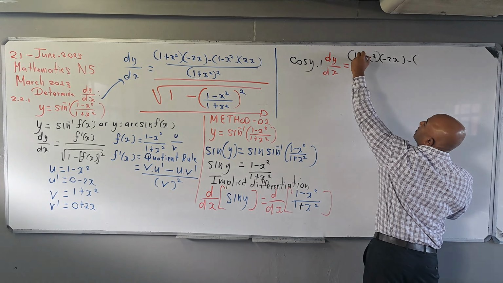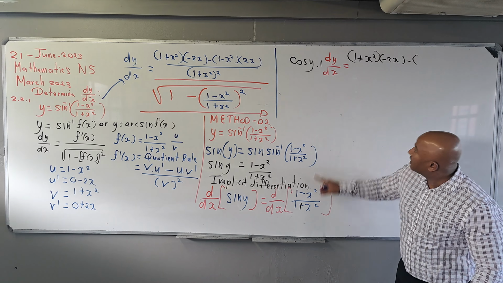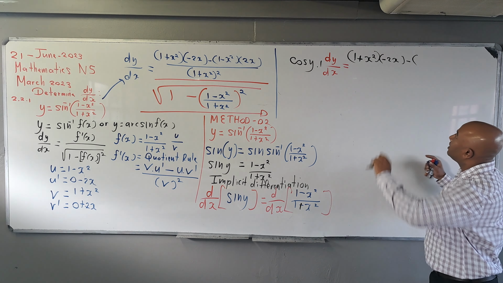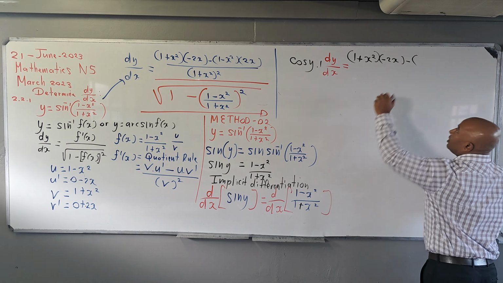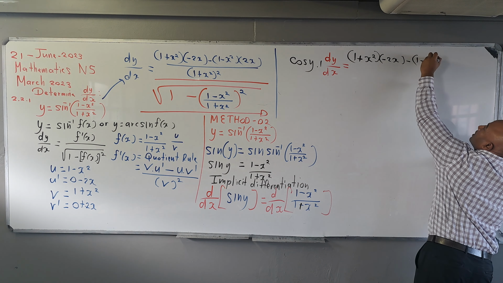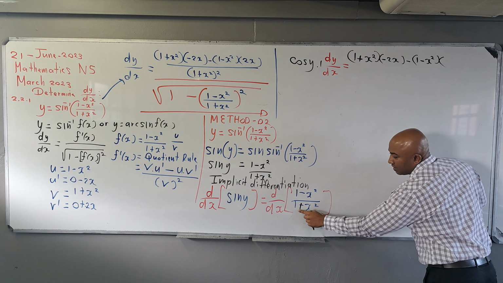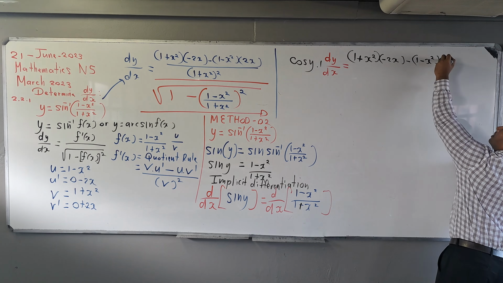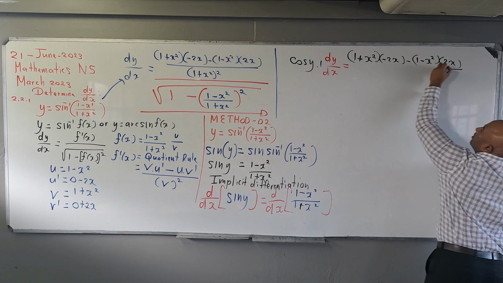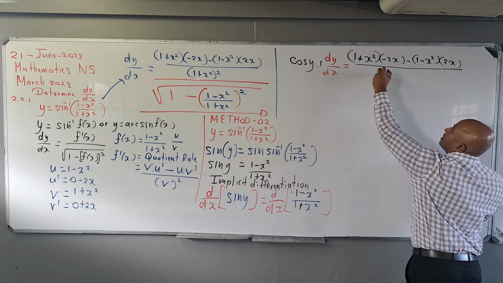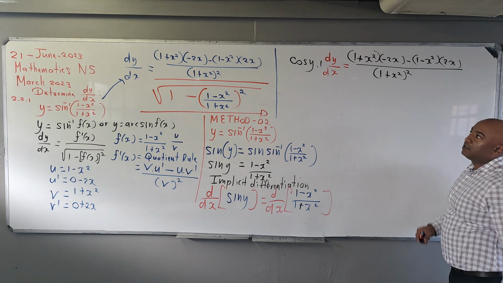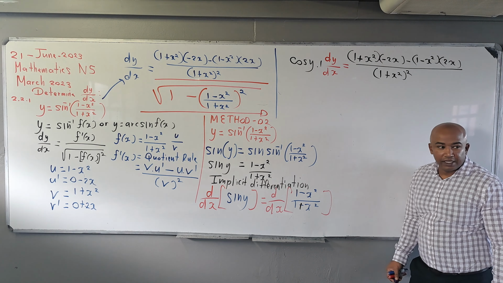Copy the denominator, which is 1 plus x squared, differentiate the numerator, minus 2x. Minus copy the numerator, which is 1 minus x squared, differentiate the denominator, which is going to be 0 plus 2x. All divided by the denominator, which is 1 plus x squared, all squared. Are you clear with that?